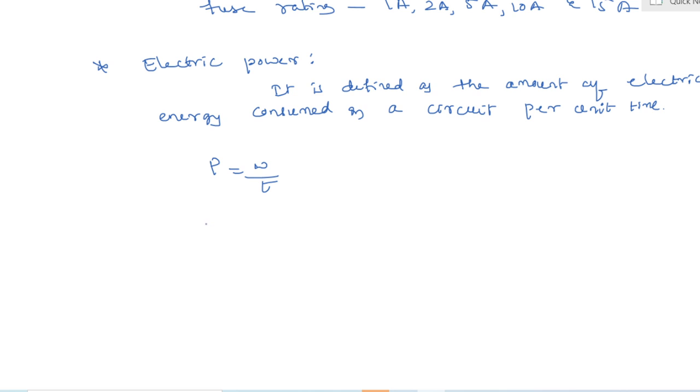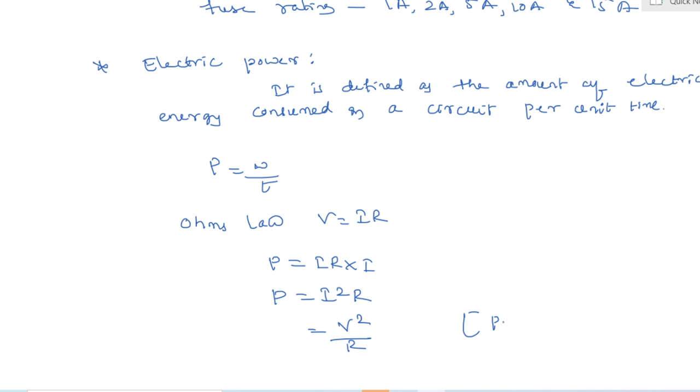Therefore, according to Ohm's law, V = IR. So P = IR into I, which is I square R. P = I²R. Also, putting I = V/R, P = V²/R.